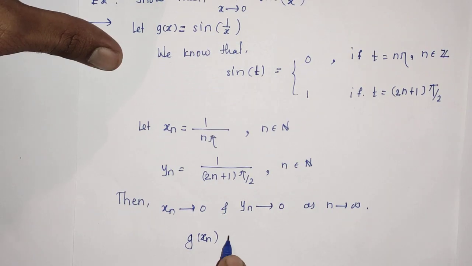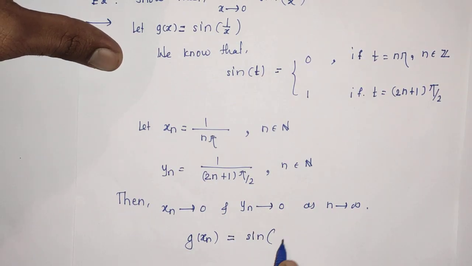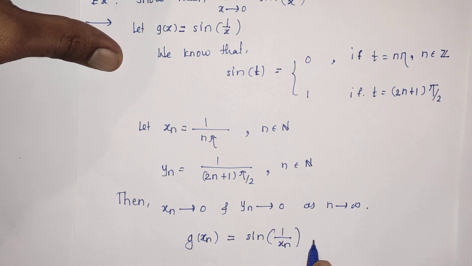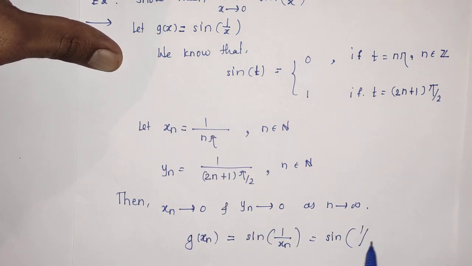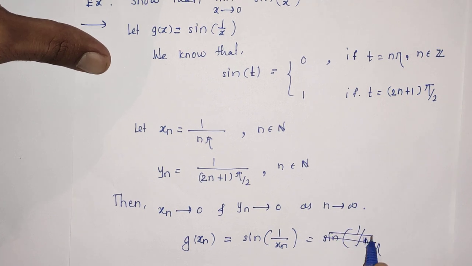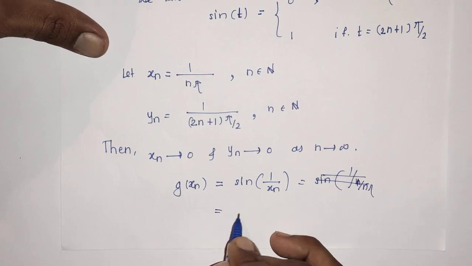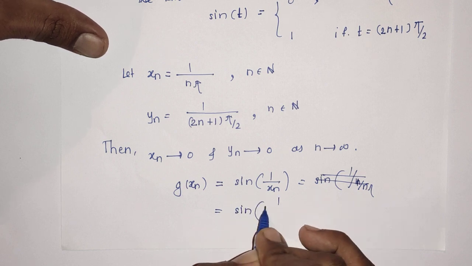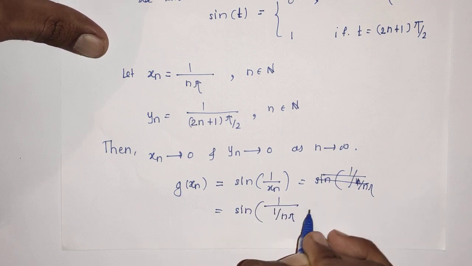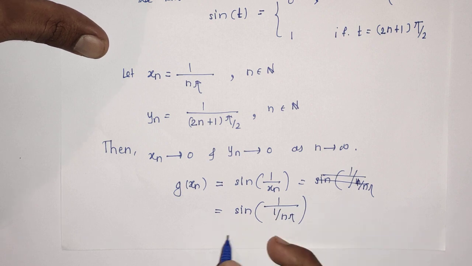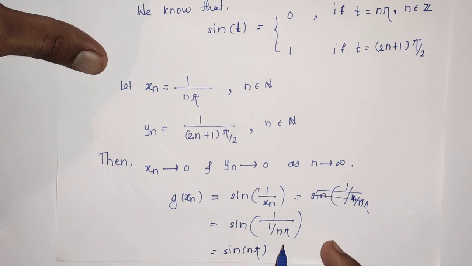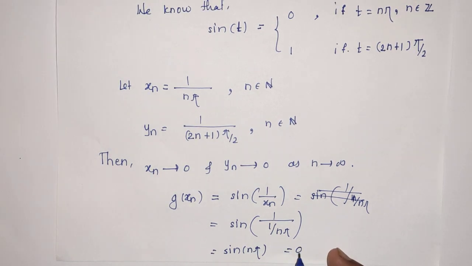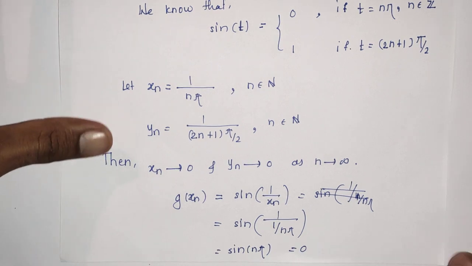So g of xn will be sine of 1 upon xn, and 1 upon xn is n pi, so it is sine n pi, and sine n pi is 0 for all n belonging to the set of natural numbers.